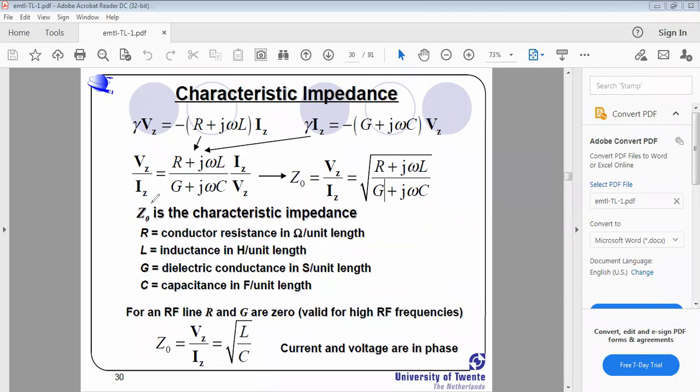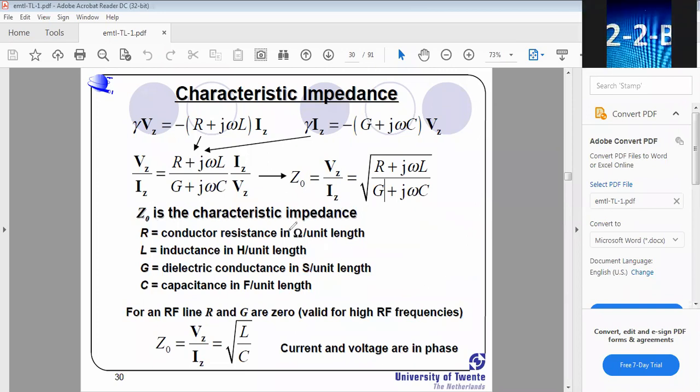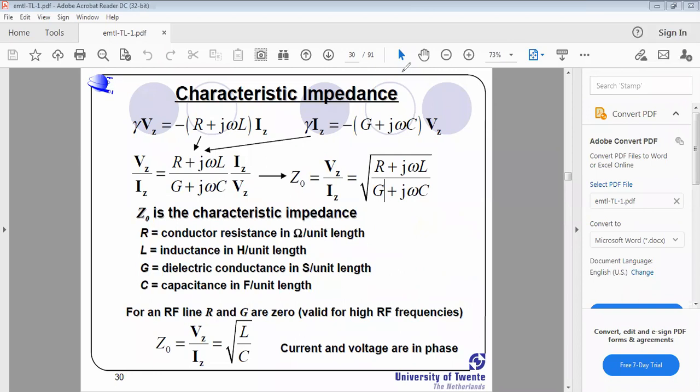Z naught is the characteristic impedance, R is the conductor resistance, G is the dielectric conductance in Siemens per unit length, and C is the capacitance in farads. Dielectric conductance in Siemens, inductance in Henrys, resistance in ohms. Remember that.